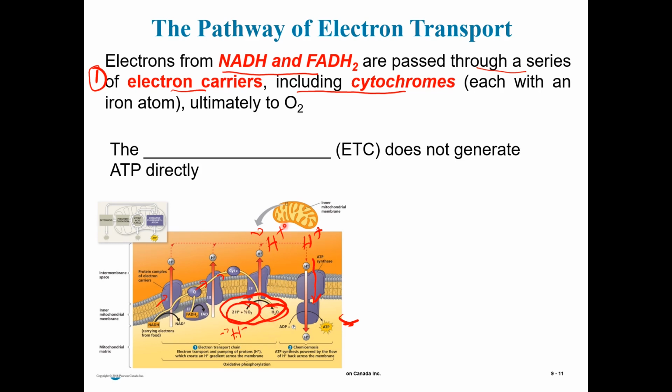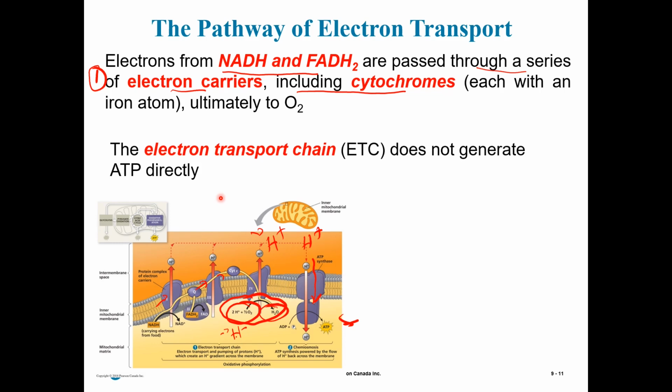However, this is not producing ATP. What is producing ATP? The electron transport chain is not producing ATP directly. What is producing ATP? It will be the ATP synthase here at the end. And we will talk in the following slide about that.